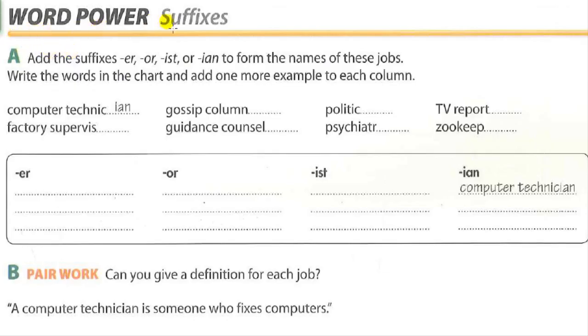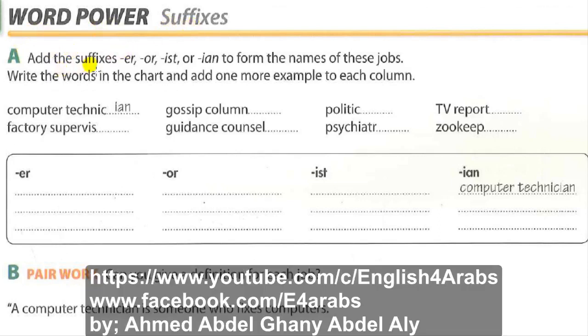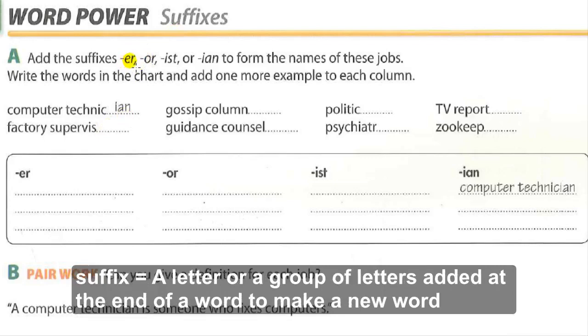4. Word power, suffixes. Add the suffixes er, or, ist, or ian to form the names of these jobs. So in this exercise, we'll put er, or, ist, or ian on the words to make the jobs. Suffix is a letter or 2-3 letters that form a job.